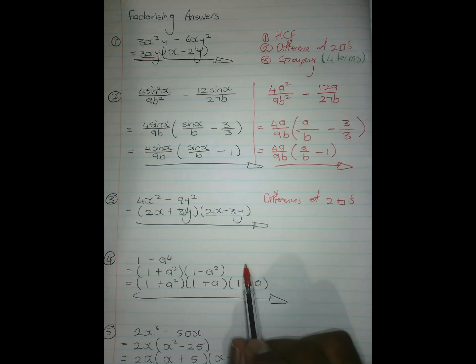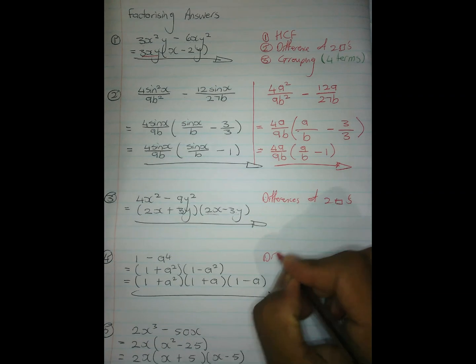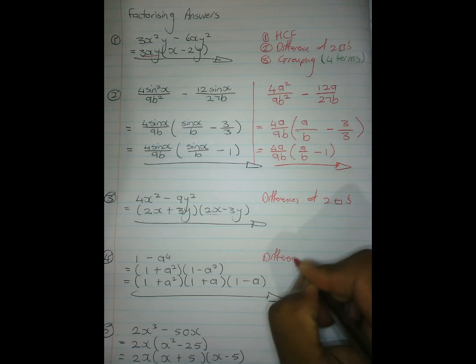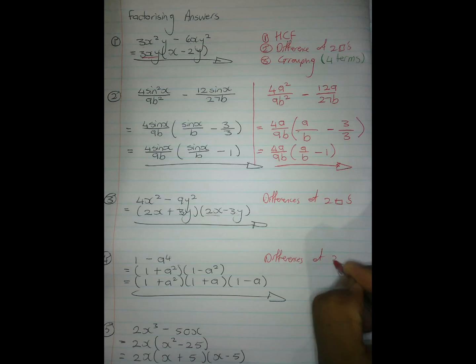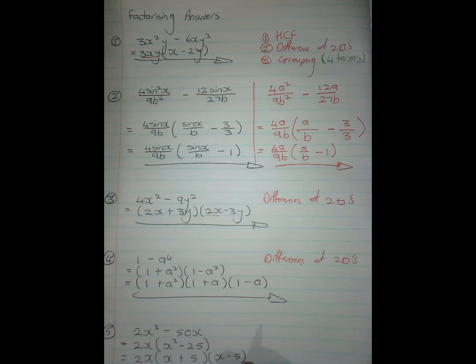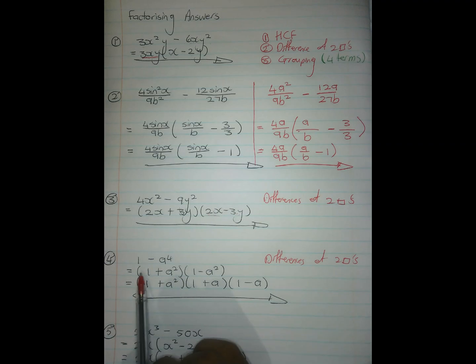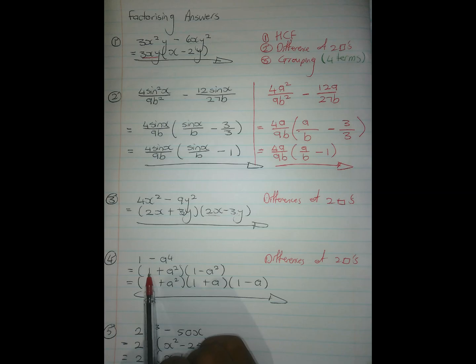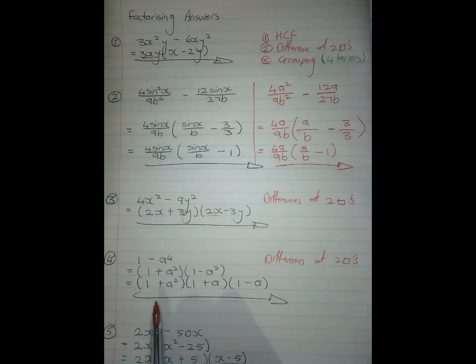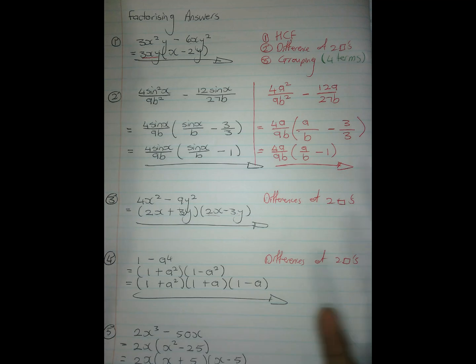Like we have here, this is also the difference of two squares. That is why I have 1 minus a to the power 4. It just gets broken up into 1 plus a squared, 1 minus a squared.